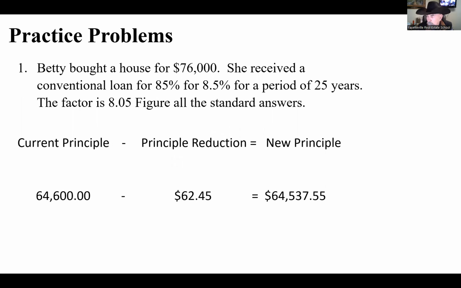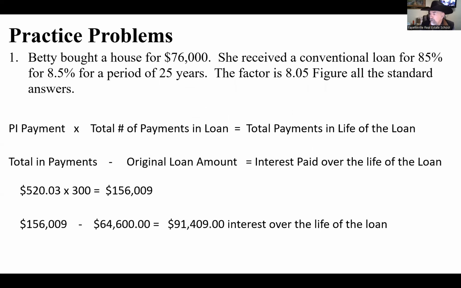All right, and our last thing we need to do is interest over the life of the loan. And remember, the formula is the P&I payment times the number of payments for the entire loan. In this case, it's not 360 because it's a 25-year loan. So it's 25 times 12.